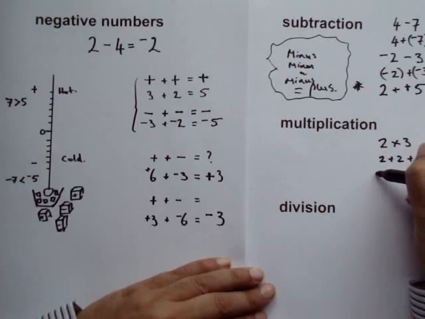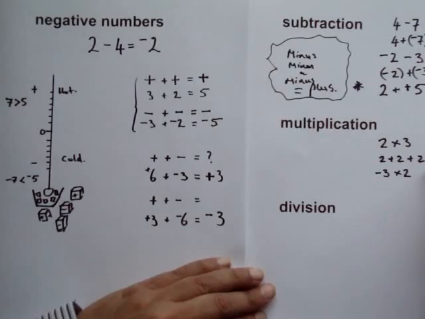If we have minus 3 times 2, so minus 3 times 2 is minus 3 plus minus 3, equals minus 6.